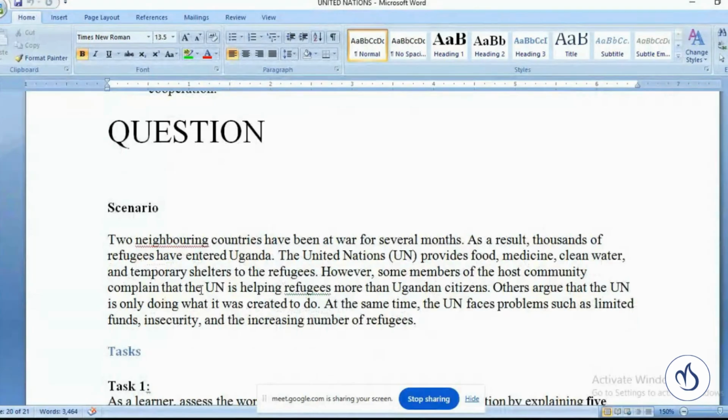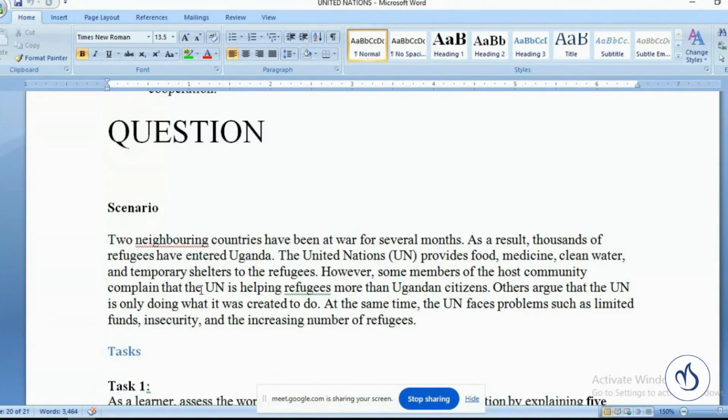It's a scenario-based question saying that two neighboring countries have been at war for several months. As a result, thousands of refugees have entered Uganda. The United Nations provides food, medicine, clean water, and temporary shelters to the refugees.